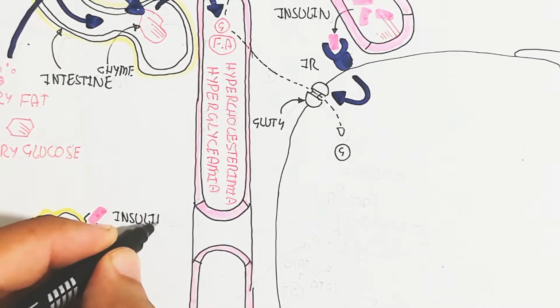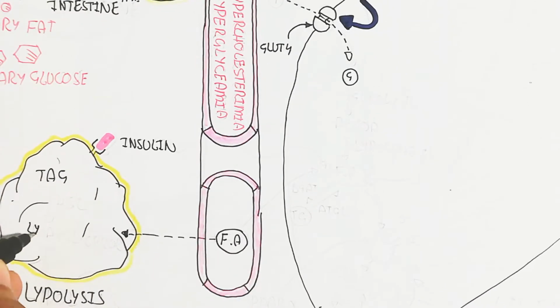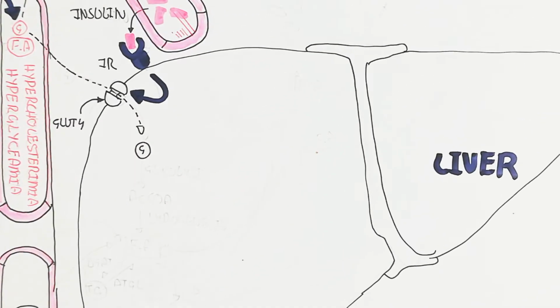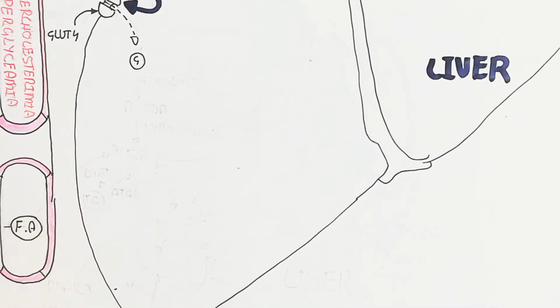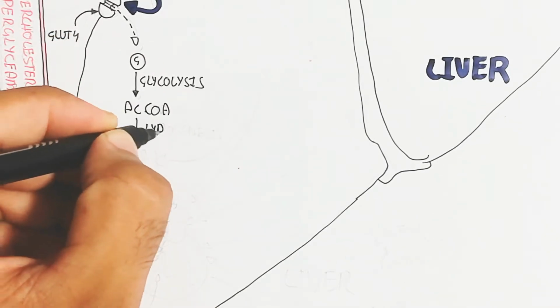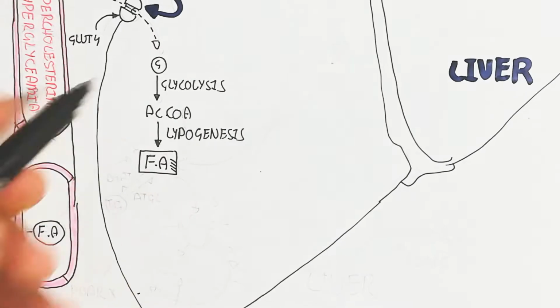Lipogenesis is a long process. Here, with insulin, lipogenesis occurs and triacylglycerol is formed, but glycolysis and lipogenesis are both long pathways. I am skipping the details here, but I will explain them in a separate video.